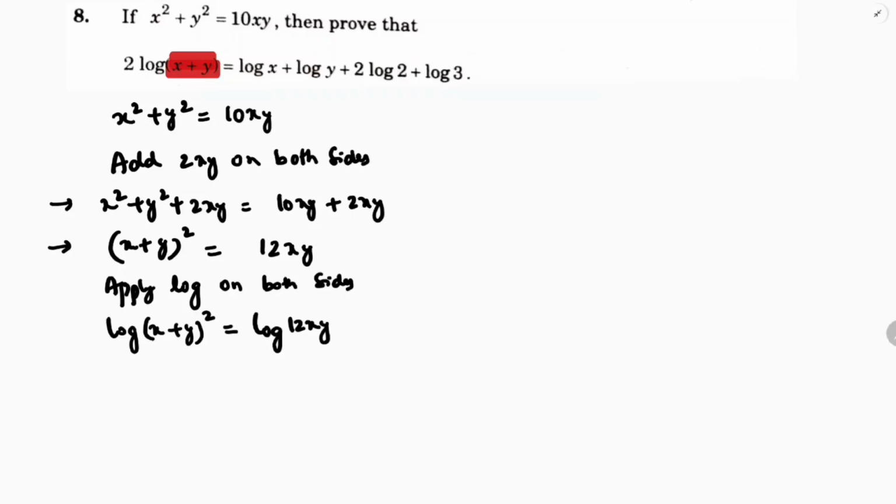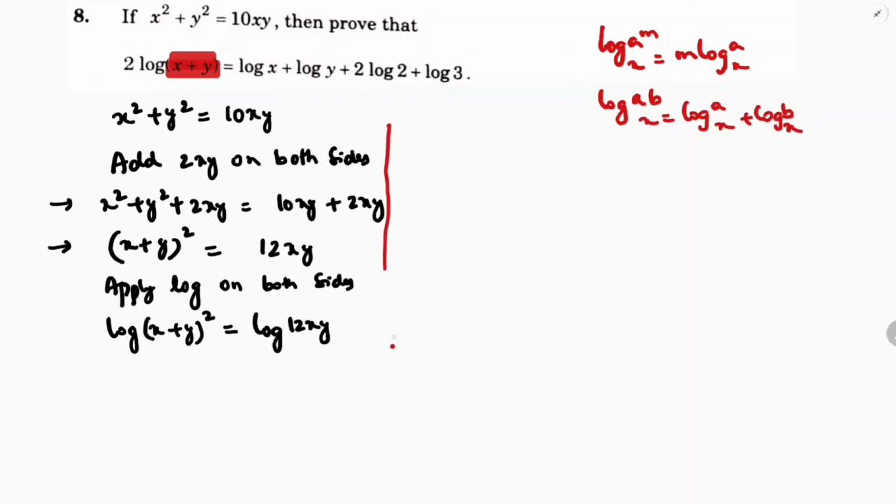Now I'll use the formula, that is logarithm of power: log a power m to the base x equals m log a to the base x, and log ab to the base x is log a to the base x plus log b to the base x. So here, if I consider m as 2, so 2 log (x plus y).